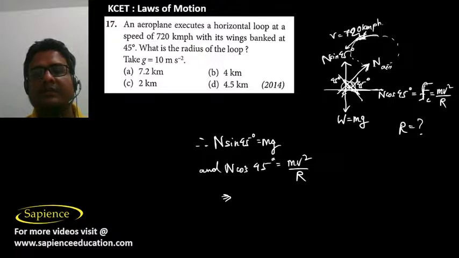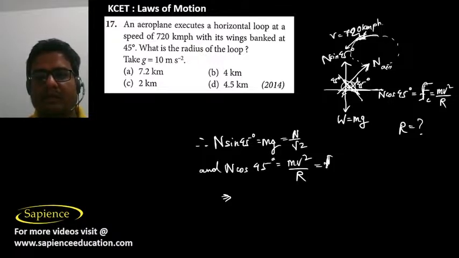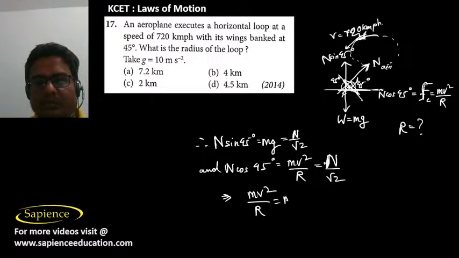So N sine 45 is N by root 2, and N cos 45 is also N by root 2. So they are equal. Therefore you can say mv square by r is equal to mg. So m and m will cancel out. Therefore we can say that r is equal to v square by g.